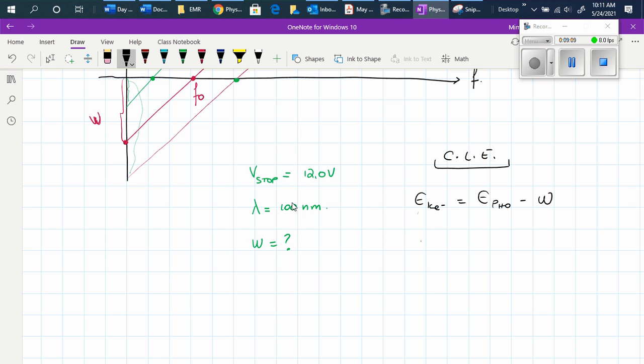the kinetic energy of the electrons, when we know the stopping voltage, is Q times the stopping voltage, and knowing the wavelength of the light, we will know the energy of the photon as hc over lambda minus the work function.